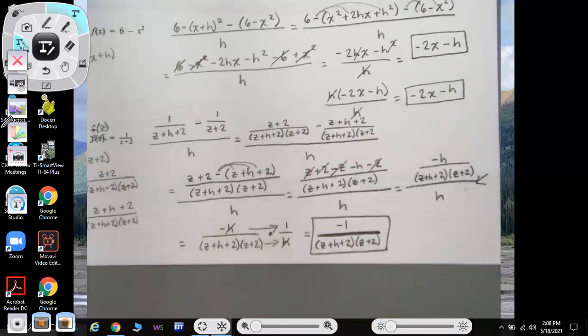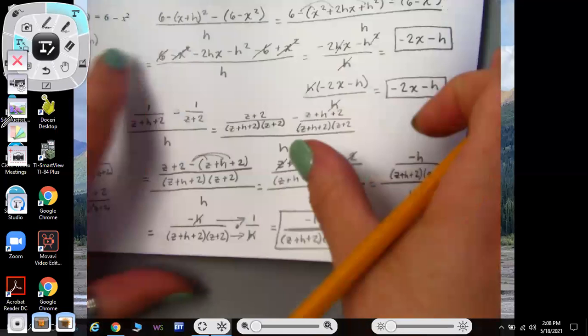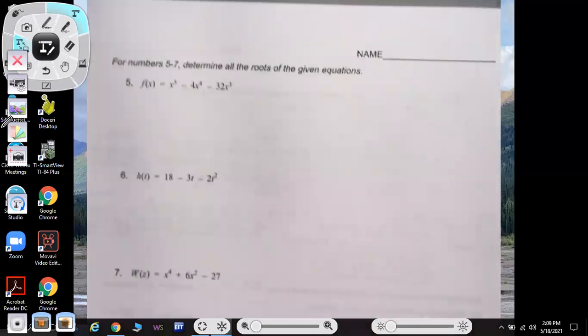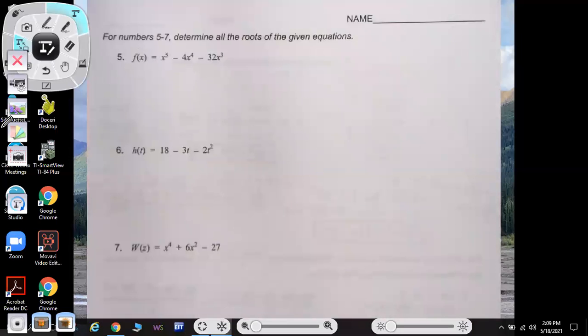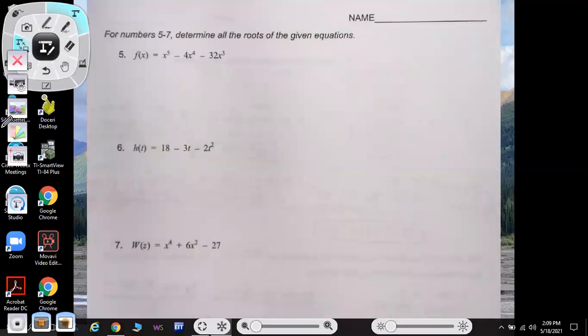Okay, let's see if we can at least get through numbers 5, 6, and 7. For numbers 5, 6, and 7, it says determine all the roots of the given equations. Roots, zeros, there's several different names for these.